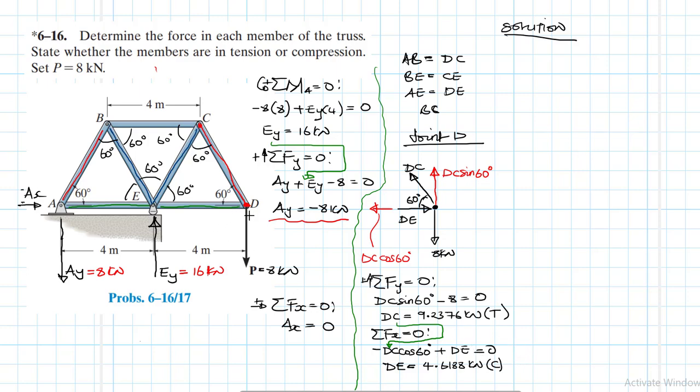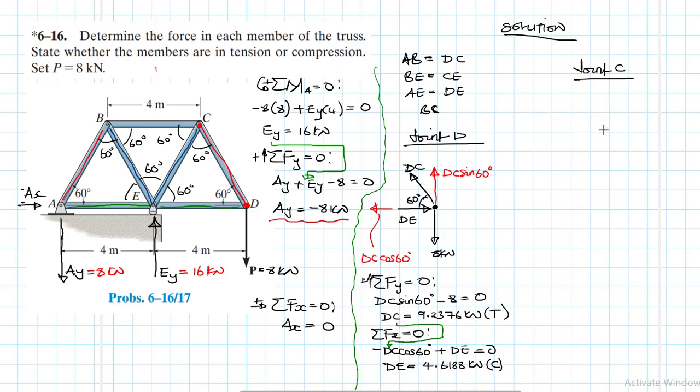So we found the member force DC. DC is 9.2376 and DE. So we found two member forces. So let's move to joint C. We're on joint D, right? We move to joint C.